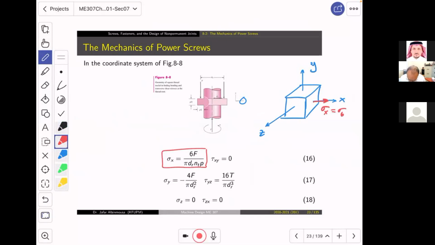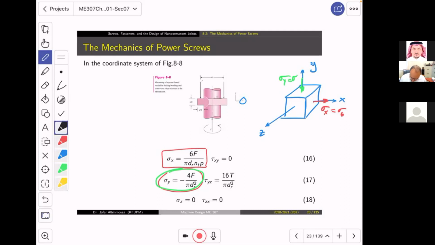And then we have sigma y, let me make it in green. That's sigma y, and it is coming from compression. So sigma y is like this. That's sigma y, which is sigma normal. And then we don't have any stress in the z direction.